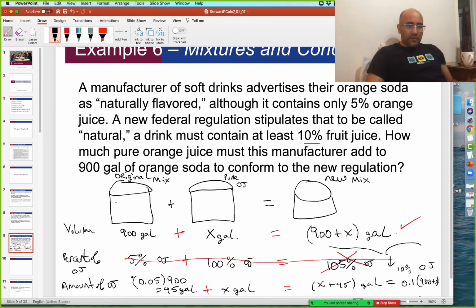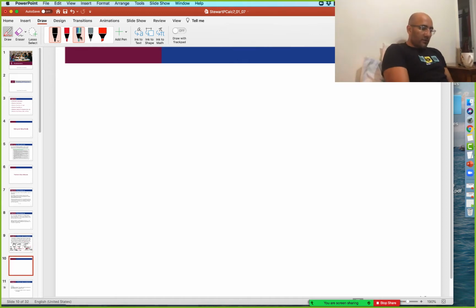All right, so let me write down the equations again. So we have that 900 plus X gallons was equal to 900 plus X. So the original volume was 900 gallons, and then I'm adding X gallons of pure orange juice.